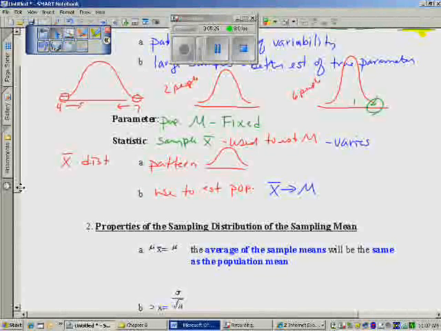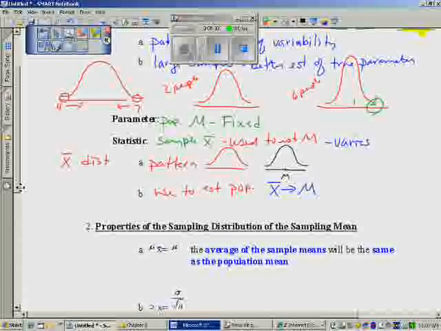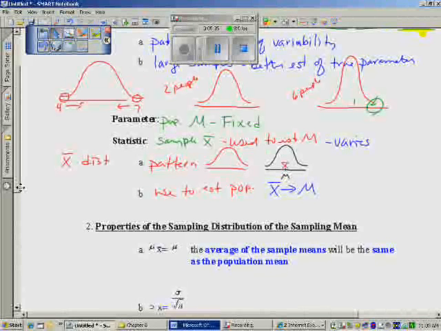Now what happens sometimes is that we end up, here's mu, we end up with an X bar right at mu, which is a great thing. It is an exact estimate. We will never know if it's an exact estimate unless we absolutely know the population. What sometimes happens is this. We want to estimate mu, but we get an X bar way over here.